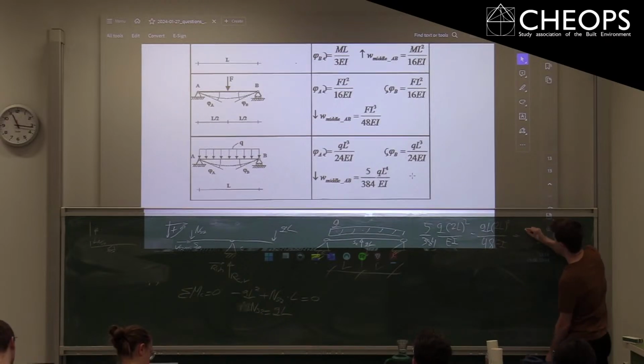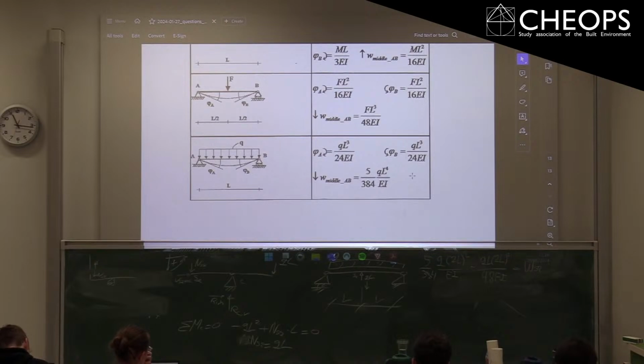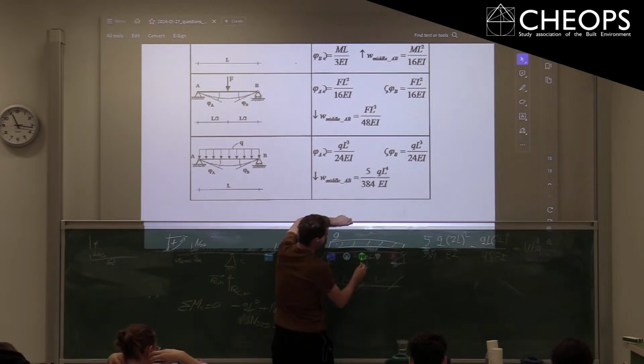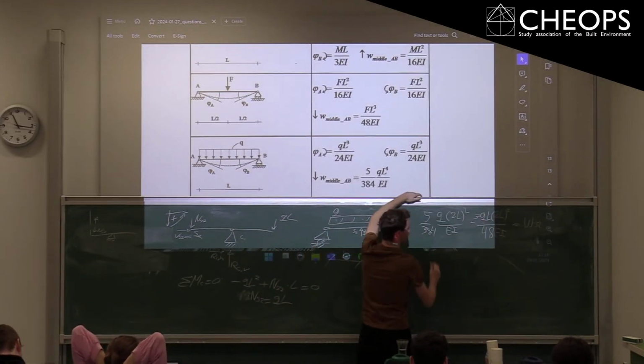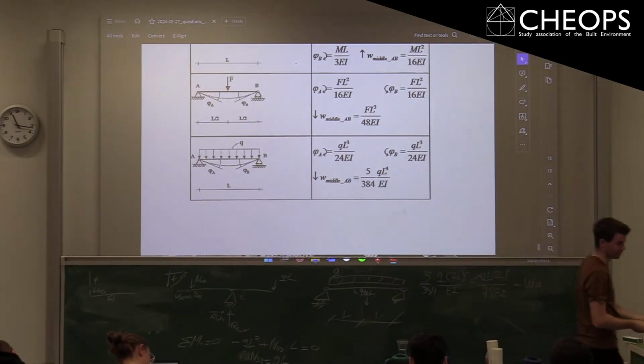And I think this is already one of the answers, well, that you need there. So 5/2 QL squared, yeah. And be aware, they gave you this, right? 3QL, my bad. So 3QL, not use the calculated one, but the one they've given you in the exercise.